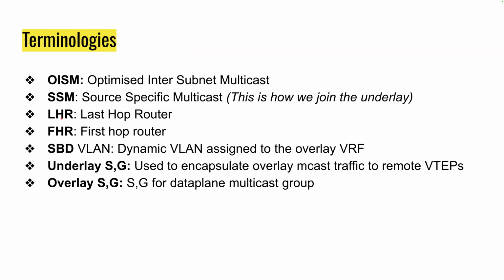LHR is the last hop router, which is the gateway nearest the receiver, and the first hop router is the gateway of the source. And this is the important part, the SBD VLAN or the dynamic VLAN. You would see us using these two terms interchangeably. Both are the VLAN that gets created when we create the VRF to VNI mapping.